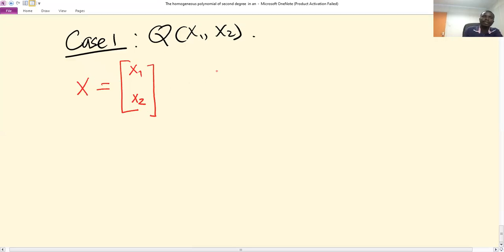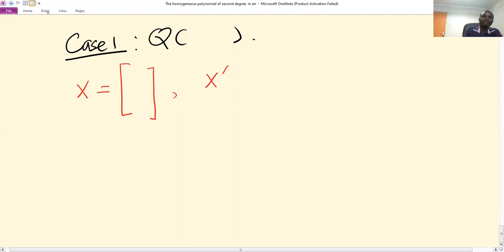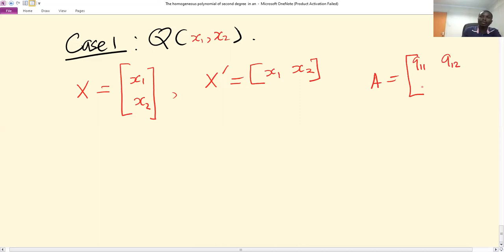So that we make the difference, let this be small lowercase letters, and we show the vector by capital letters. The transpose of this will be x1, x2, and A will be a 2 by 2 matrix, A11, A12, A21, A22.